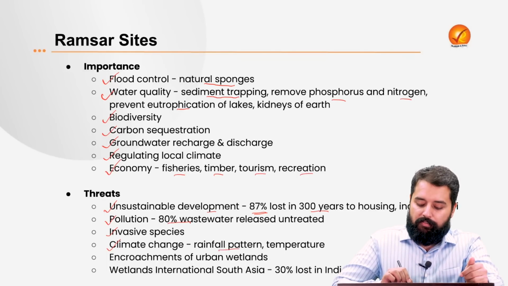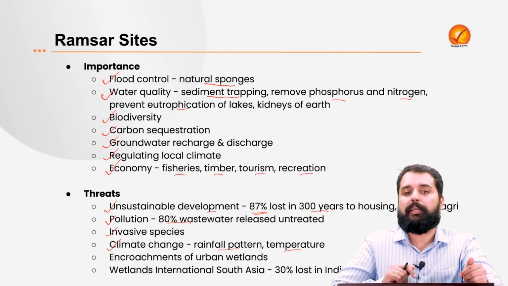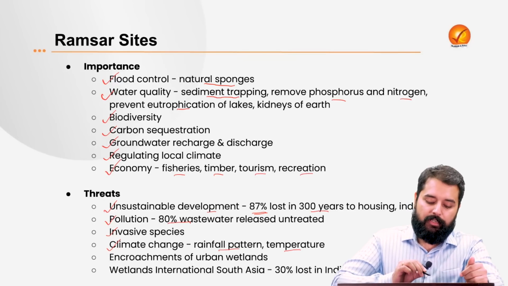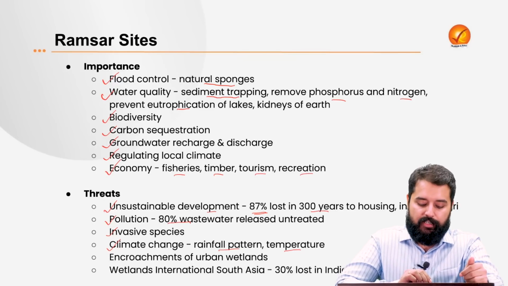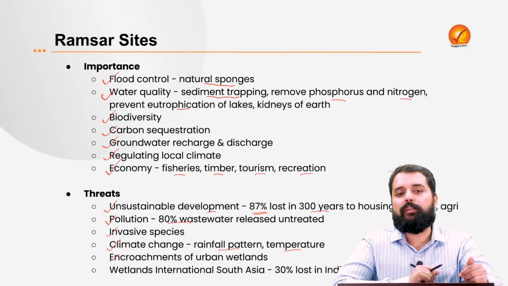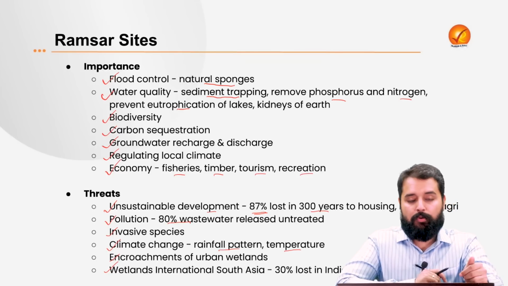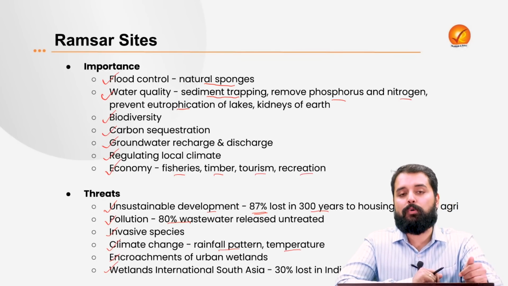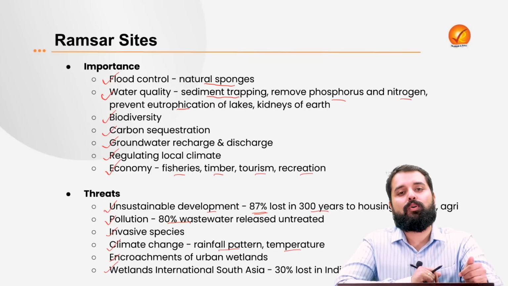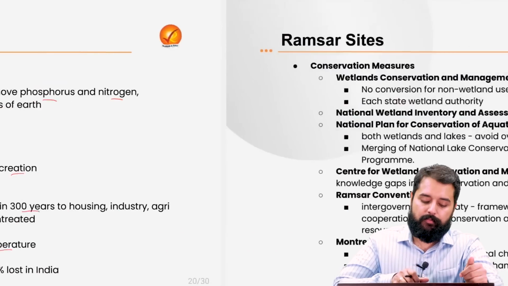For example, the rainfall pattern and the temperature spikes in certain regions because of climate change lead to the disappearance of wetlands. Wetlands are often encroached in the urban areas also for construction activities. And as per a report by Wetlands International South Asia, 30% of the natural wetlands in India have been lost in the last 3 decades itself.